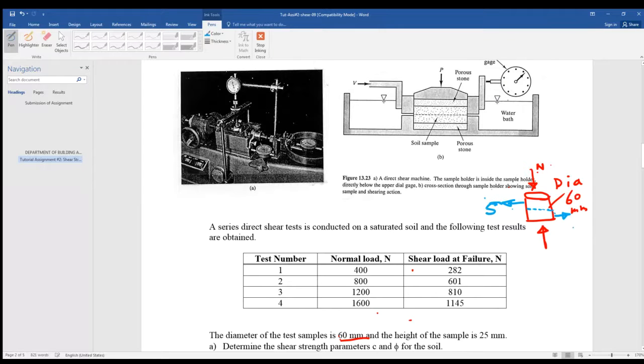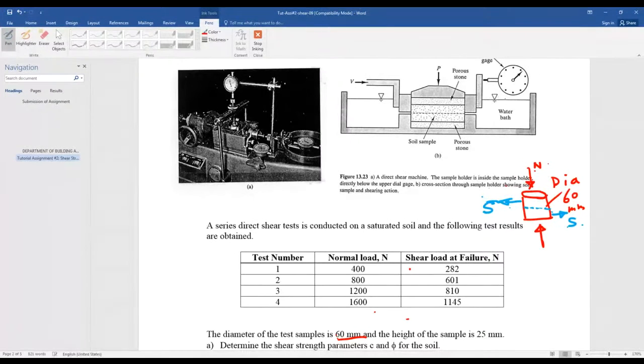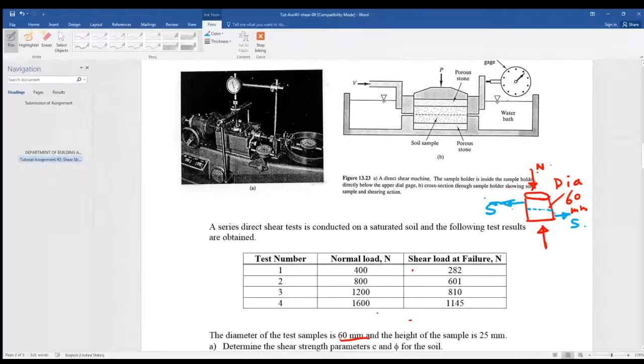So that is the shear strength. Then what is sigma V, and what is the shear strength?